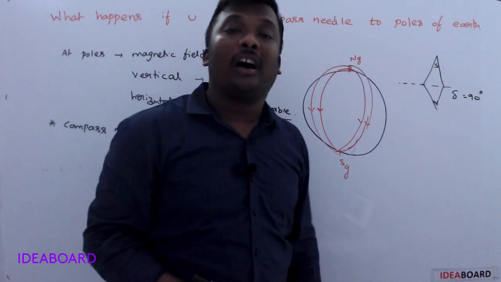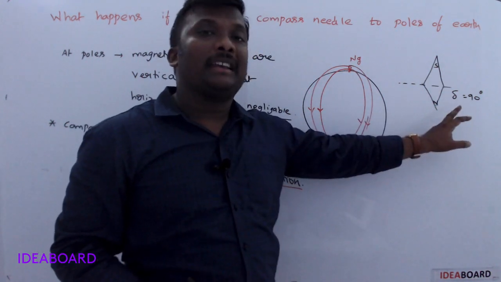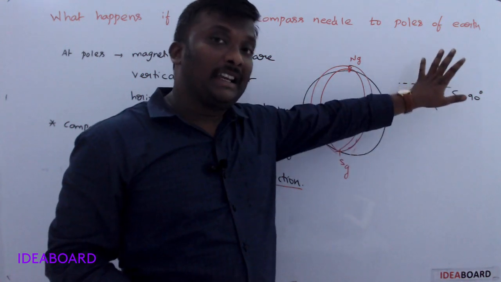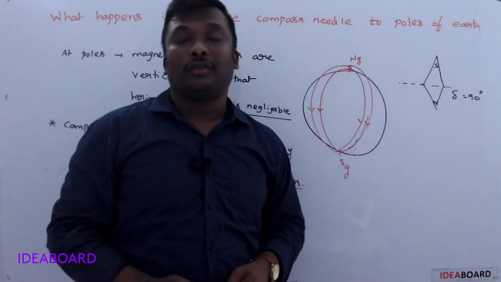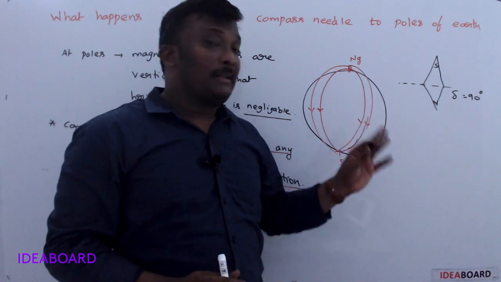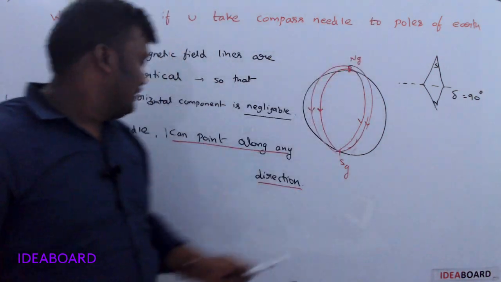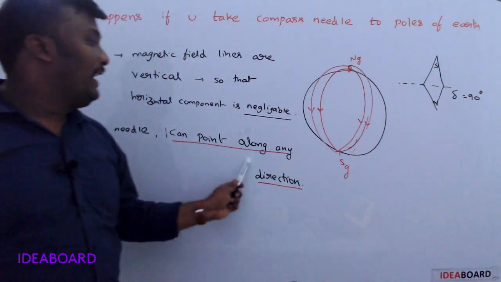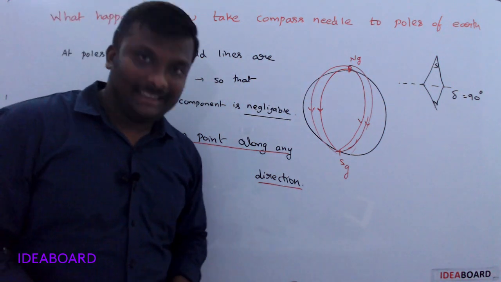Delta indicates the angle of inclination. Okay, the dip angle shows. So dip circle is useful at any place, but compass needle is not useful for every place, particularly at poles it is not useful, because at poles the compass needle can point along any direction. Clear? Thank you.